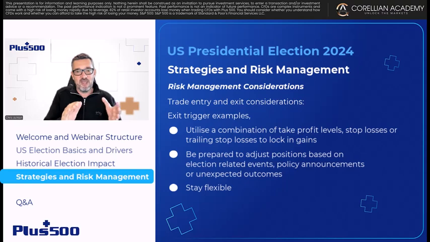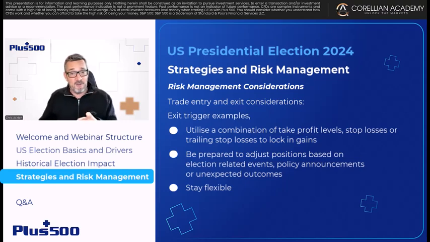Stay flexible in case of unexpected outcomes or prolonged periods of market instability. And remember, if market conditions drastically change due to unforeseen political developments, be prepared to consider manually exiting positions immediately to avoid taking excessive risk.